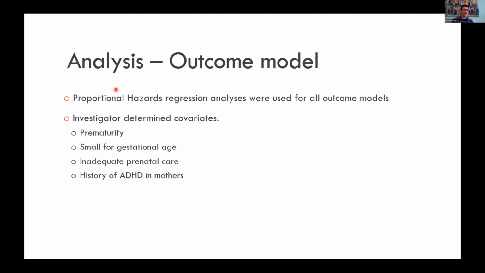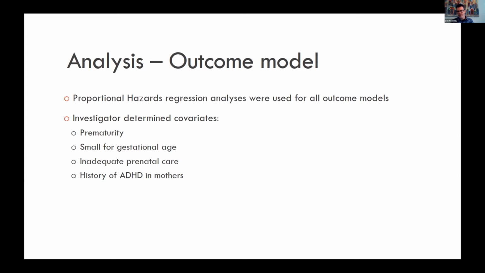We used a proportional hazard regression analysis for our outcome models. We did have variable follow-up. We start at 5 years of age, looking forward, how long before the child ends up being diagnosed with ADHD or censored at the end of follow-up. We also entered some variables that weren't part of the propensity score, and those were birth outcomes.